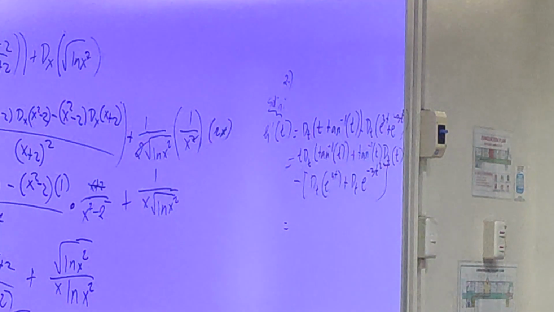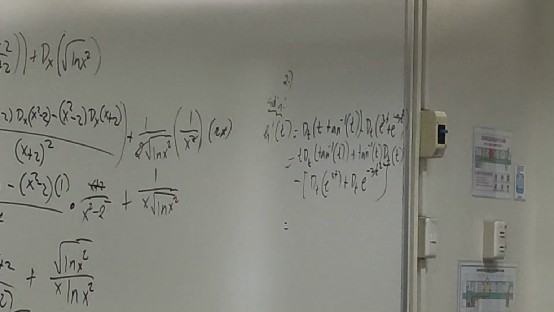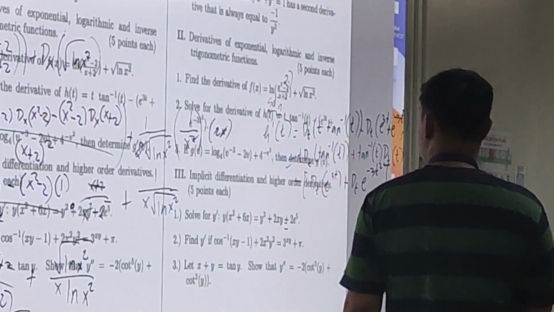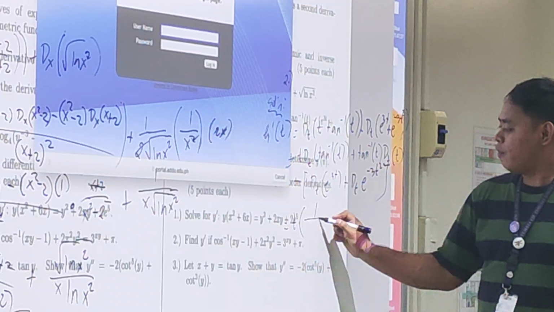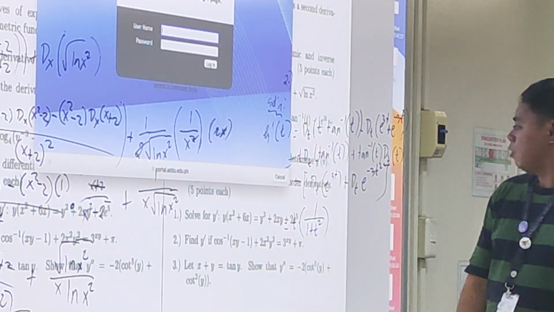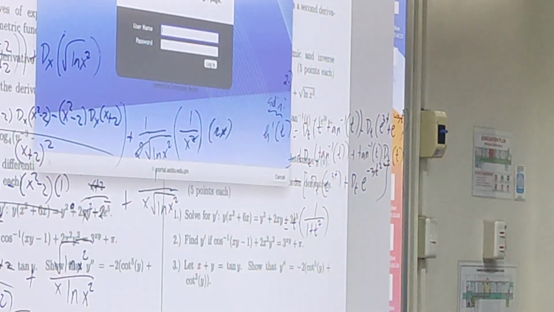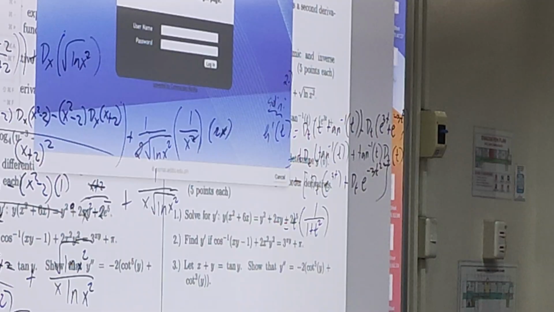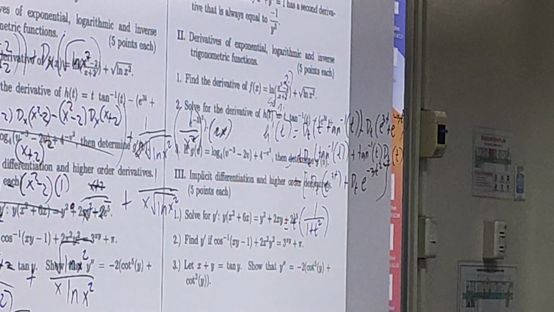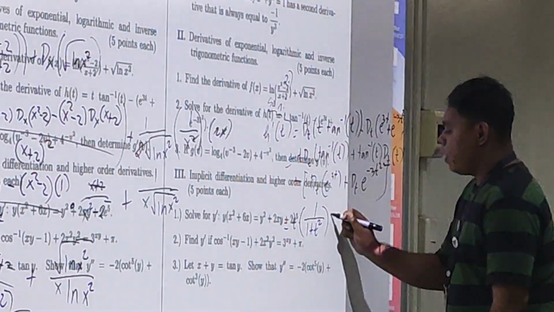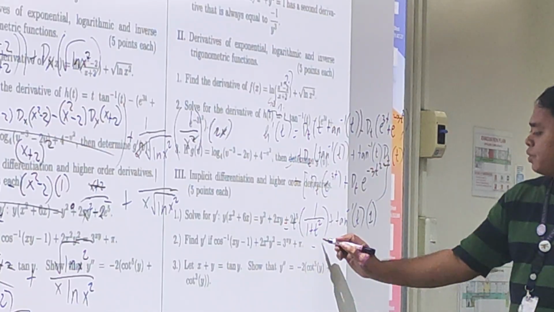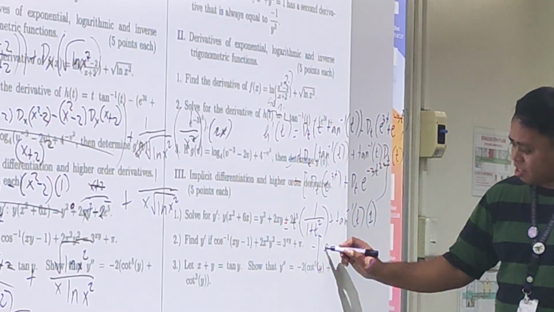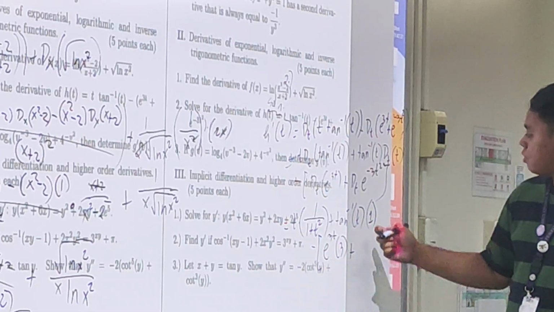So that is equal to t times the derivative of tangent inverse, which is 1 over 1 plus t squared, plus tangent inverse of t times 1, minus the derivative of e to the 3t, which is e to the 3t times 3, plus e to the negative 3t.